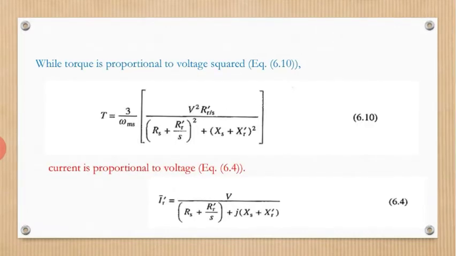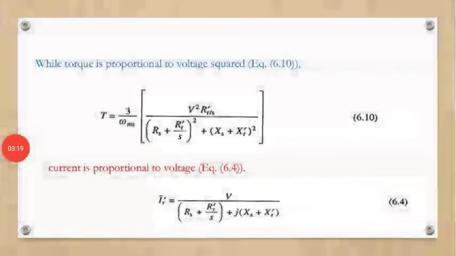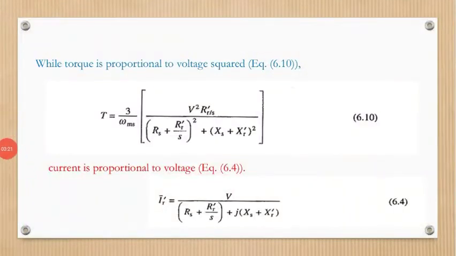Now if you look at this torque equation, the basic equation of torque, which I already discussed in the equivalent circuit diagram of an induction motor. This is the equation of torque as discussed in the previous video lecture.